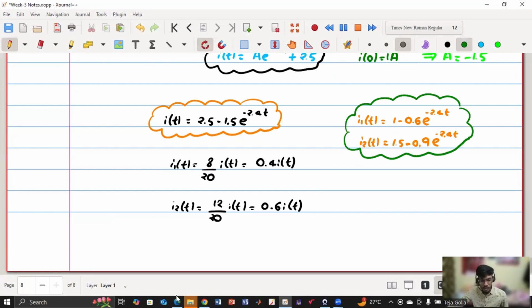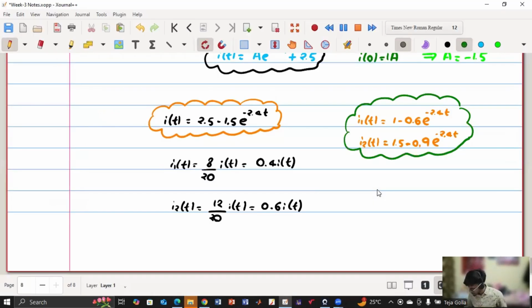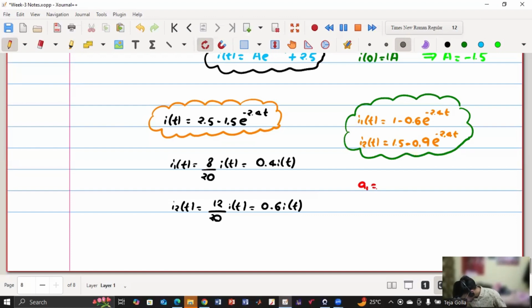So if we go back here, they're asking A1 plus B1, A2 plus B2. So let us see what is A1, what is A2, what is B1, what is B2. A1 is equal to 1, B1 is equal to minus 0.6. So A1 is 1, minus B1 is 0.6, 1 minus 0.6, K1 is equal to 2.4.